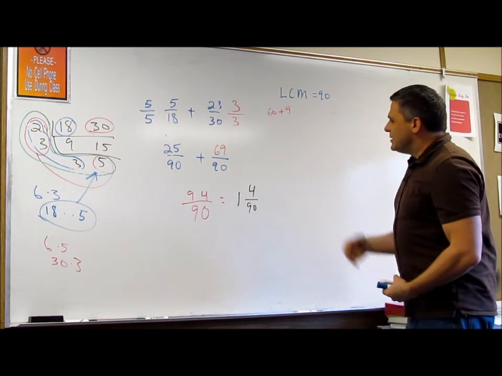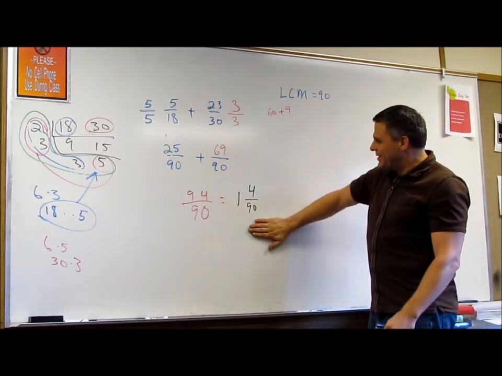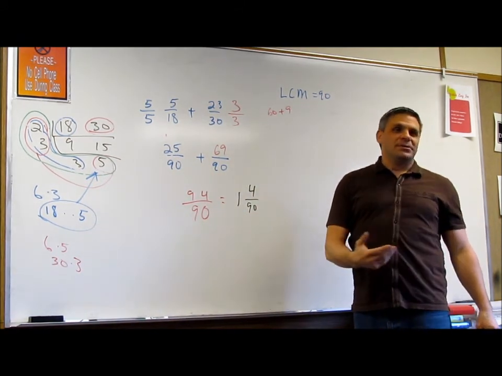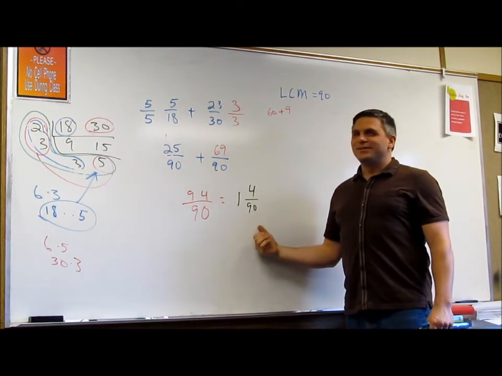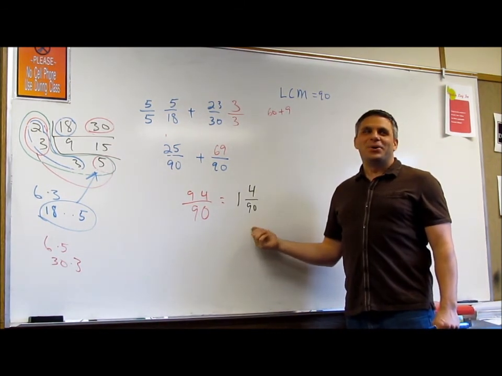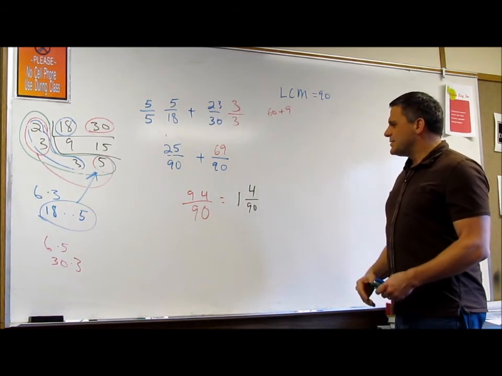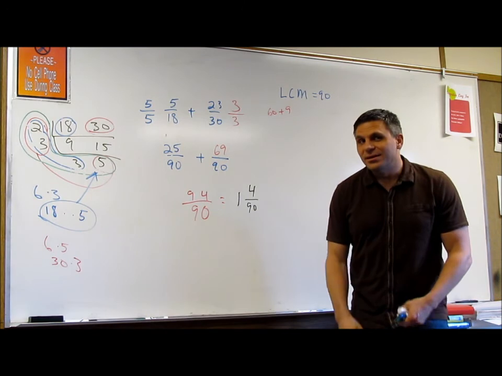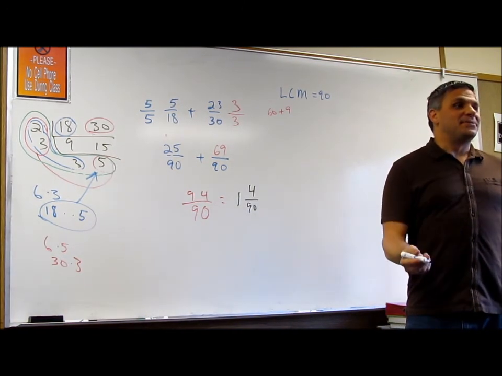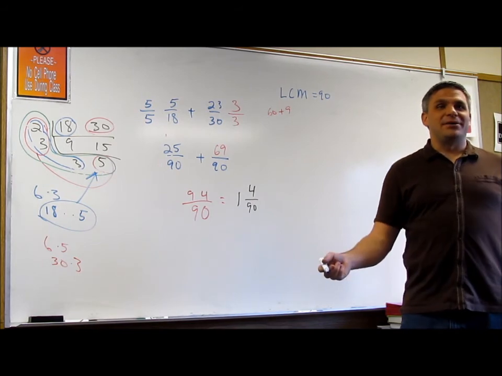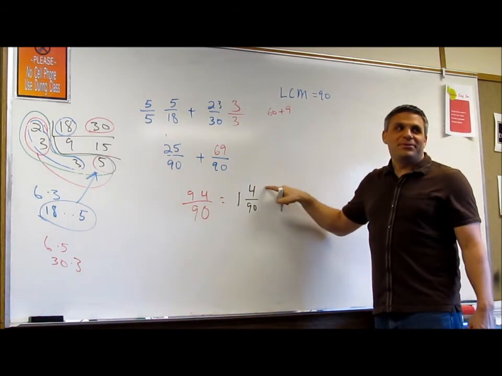So even though I've changed it from improper to proper, or what we call a mixed fraction, it's still not totally proper because it can be reduced. So in this case, I need to find, again, the GCF. The GCF will tell me what number goes into both of these numbers.